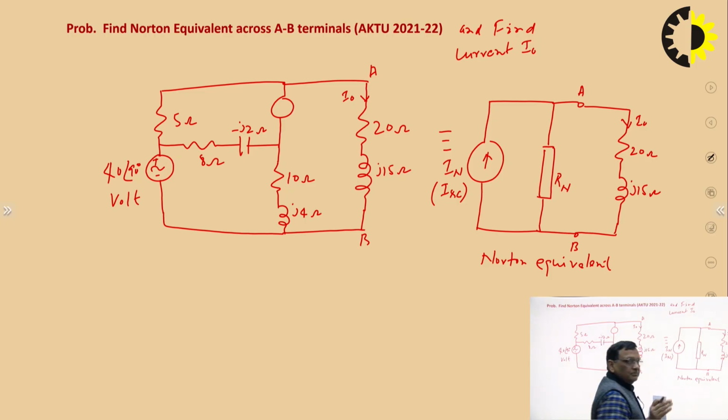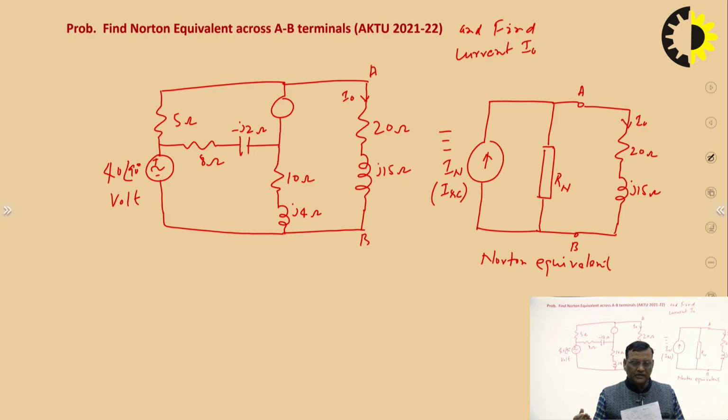The procedure is the same. If the network contains only independent sources, just replace all the energy sources by their internal impedance and try to find the equivalent impedance across the AB terminals. If the network contains both independent and dependent sources, to find the RN there are two methods.